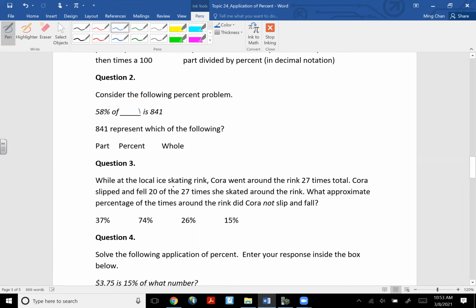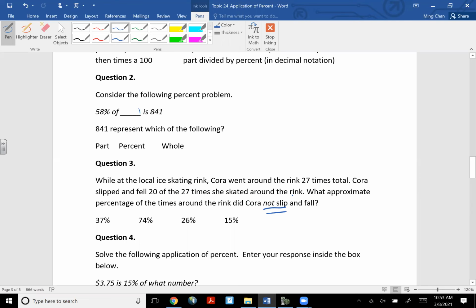While at the local ice skating rink, Cora went around the rink 27 times total. Cora slipped and fell 20 of the 27 times she skated around the rink. What approximate percentage of the times around the rink did Cora not slip and fall?